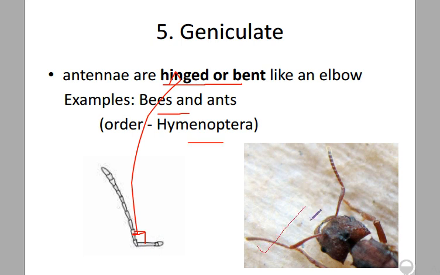From this figure you can see how these are bent like our knee, and sometimes in full fold this can go up to a 90 degree angle. So this is the geniculate type, which is the fifth type we have discussed from this slide.